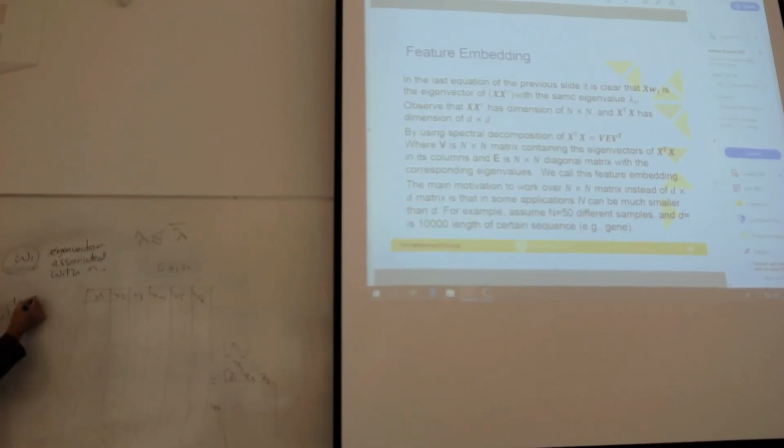The covariance matrix is D by D. If you collected data from genes, sometimes you have 10,000 length of data, so D can be 10,000. Now the covariance matrix can be 10,000 by 10,000. So it is very huge, very large.